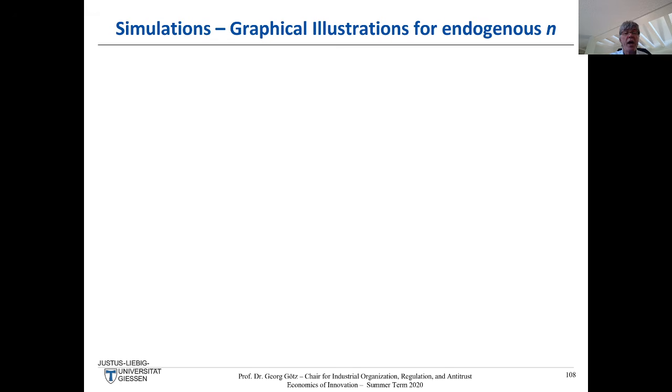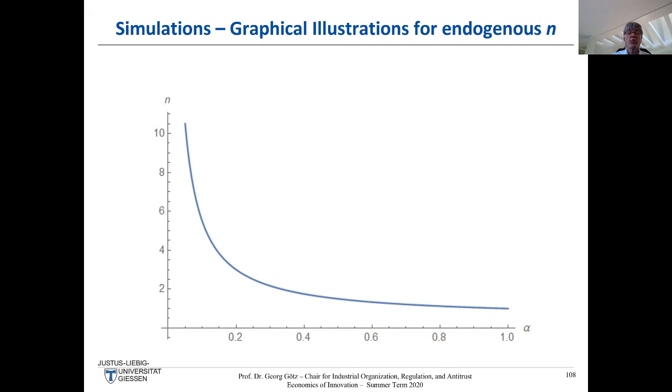And as always, as these equations are a little bit dry and hard to understand, I illustrated here what happens with respect to alpha and n. What you see is if alpha is small, if R&D is not very productive, you get a large number of firms because each firm will spend only very little on R&D, so entry barriers are low. But if alpha is too high, no longer two firms will be able to survive.